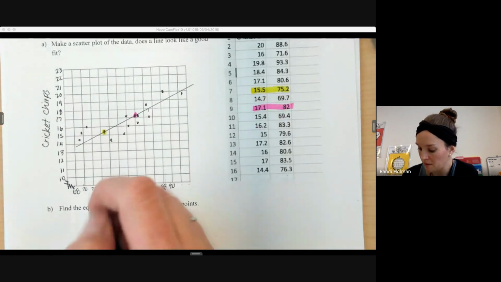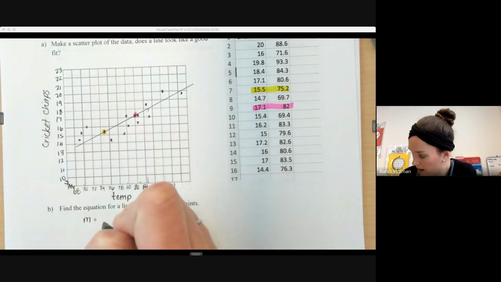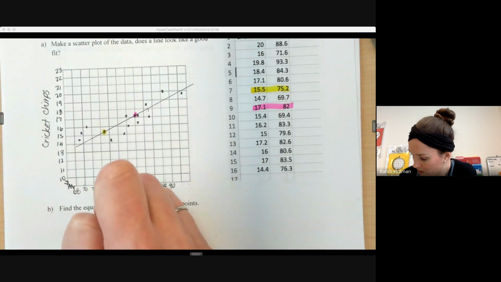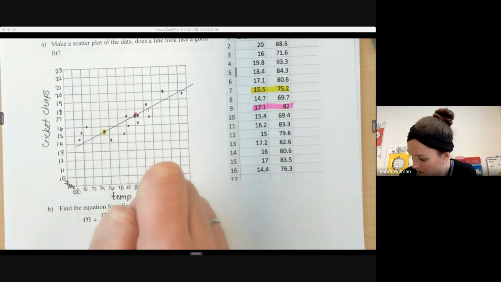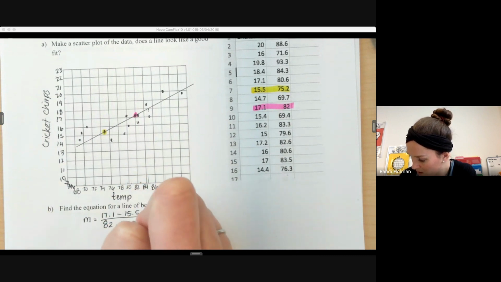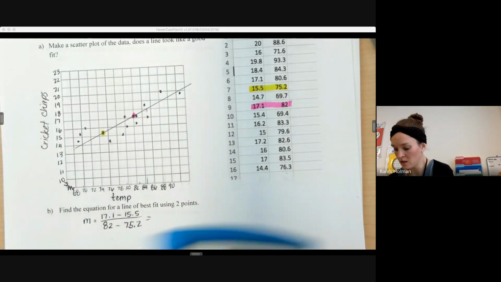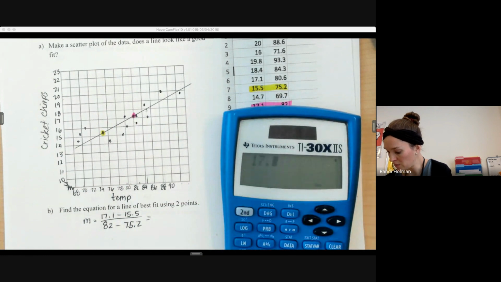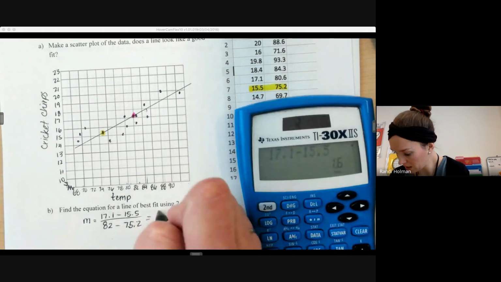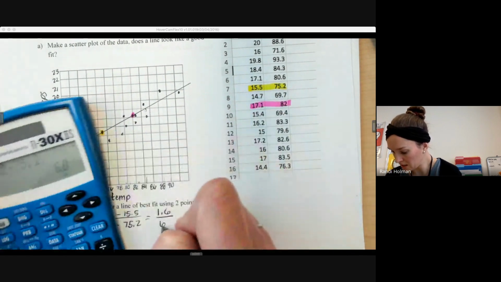So again, we're going to start by finding our slope. So our slope is going to be y2 minus y1 over x2 minus x1. Okay, it doesn't matter if you do those completely flip-flopped. We're going to get 17.1 minus 15.5, 1.6, over 82 minus 75.2, 6.8.